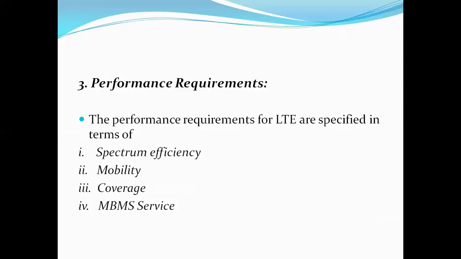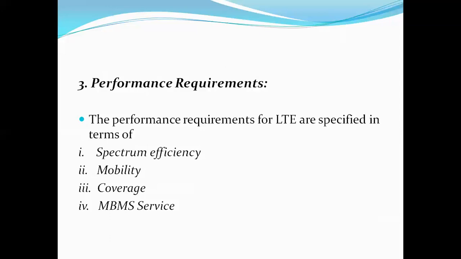Now coming to mobility, the mobility requirement for long-term evolution is to be able to support handoff or mobility at different terminal speeds. The maximum performance is expected for the lower terminal speeds of 0 to 15 km per hour, with minor degradation in performance at higher mobile speeds up to 120 km per hour.